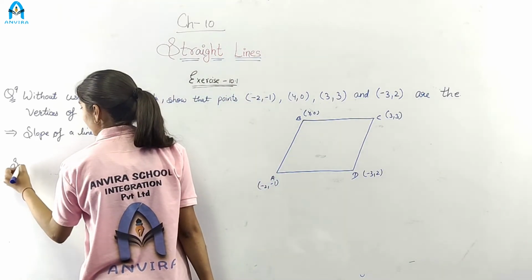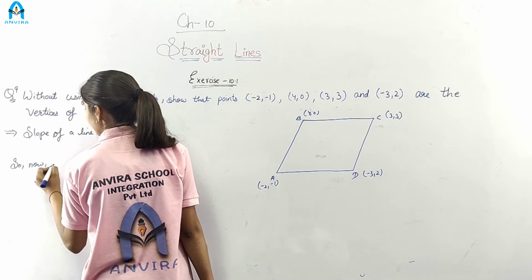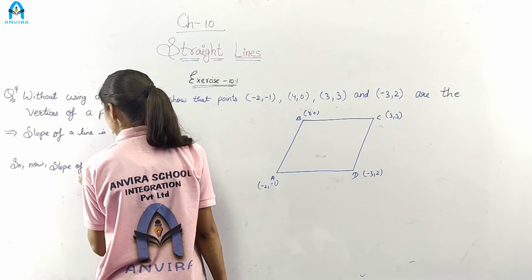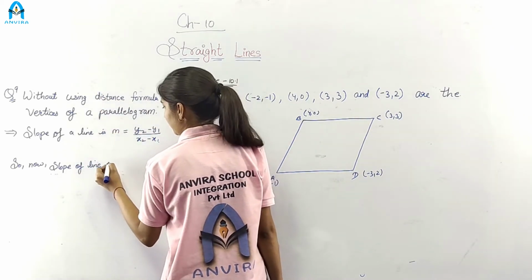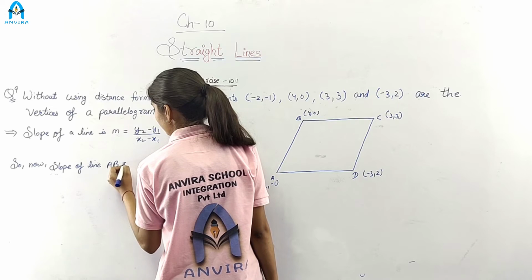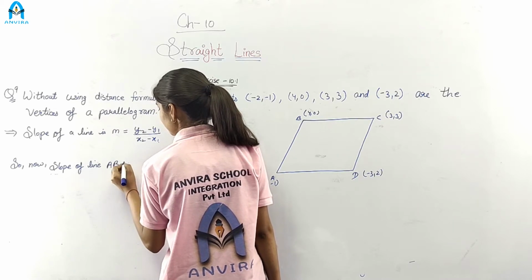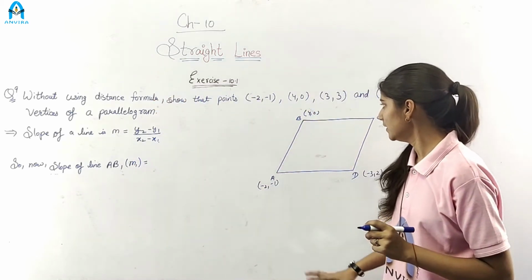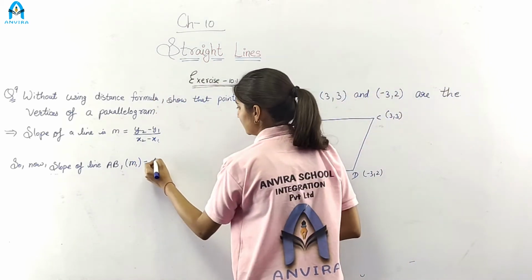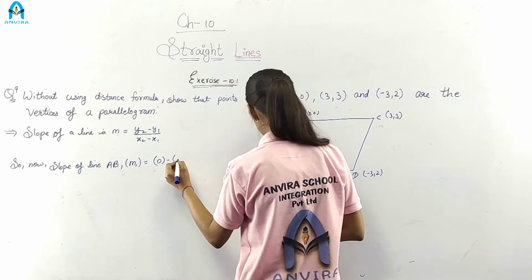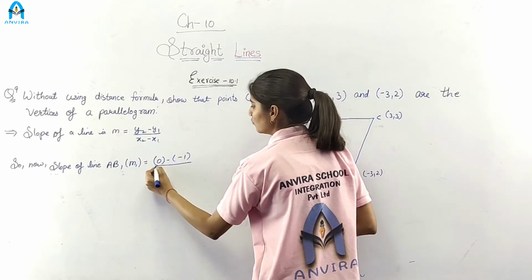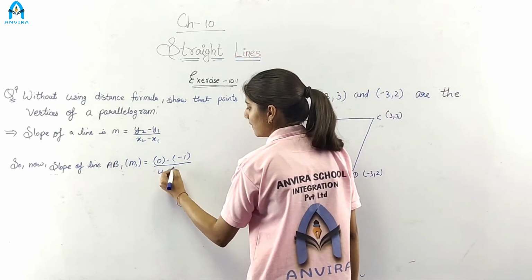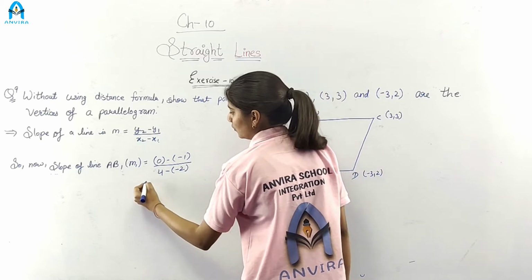So now the slope of line AB, I can write it as m1. The slope of line AB is y2 minus y1, that is 0 minus (-1), divided by x2 minus x1, that is 4 minus (-2).